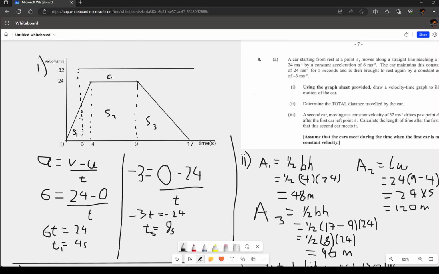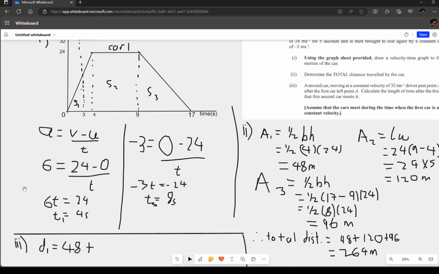I'm going to label this as car 1 and this one as car 2, so we know exactly what we're talking about. Now, how do we get that second part of our equation? If we're somewhere in stage 2, what was our distance formula for stage 2? Our distance formula for stage 2 was the velocity times the time. So our velocity is 24, so it's going to be 24 times some time.